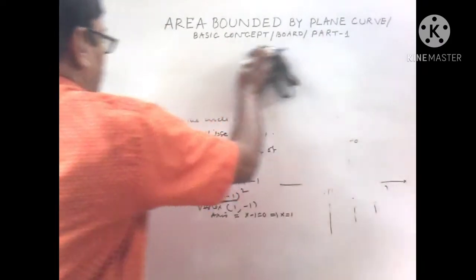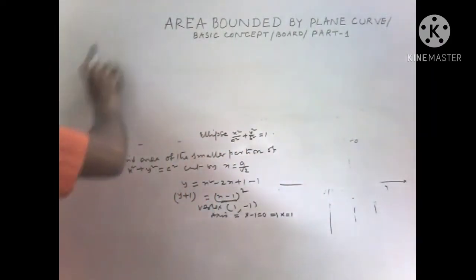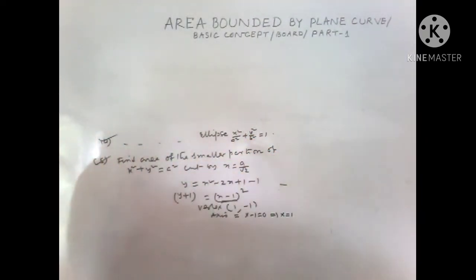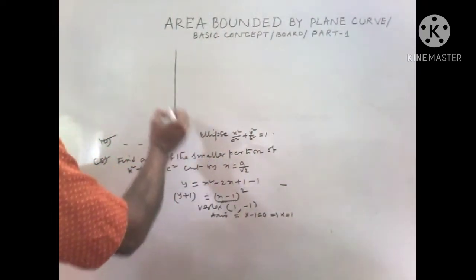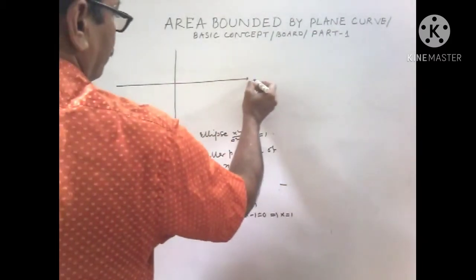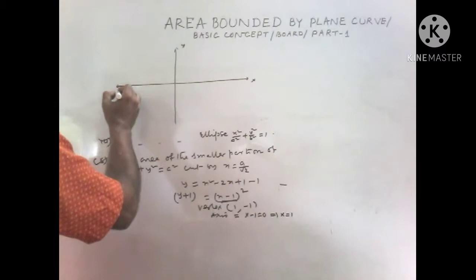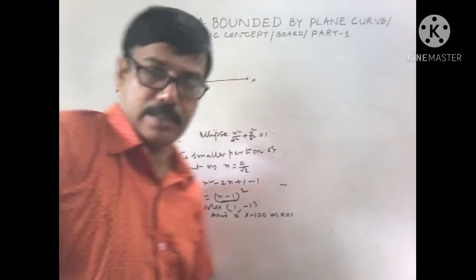So draw the ellipse, x square by a square plus y square by b square equals to 1. So what will be the figure? Look, this is the x axis, this is the y axis. This is x dash, this is y dash.